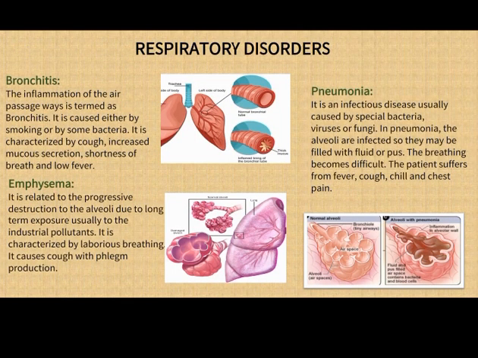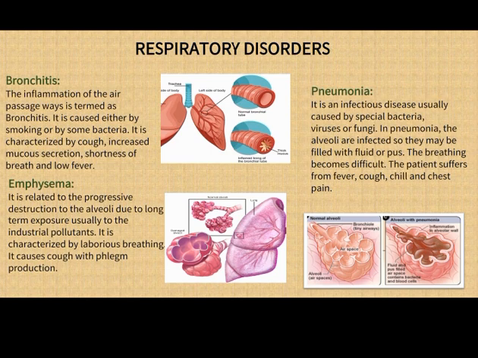The last topic from the human respiratory system is respiratory disorders. These disorders are bronchitis, emphysema, pneumonia, and lung cancer. The name bronchitis shows that this disorder is from the bronchioles.